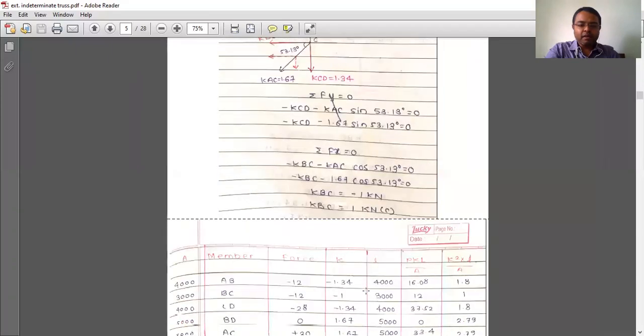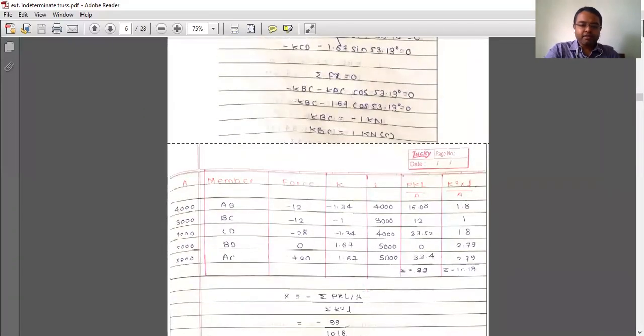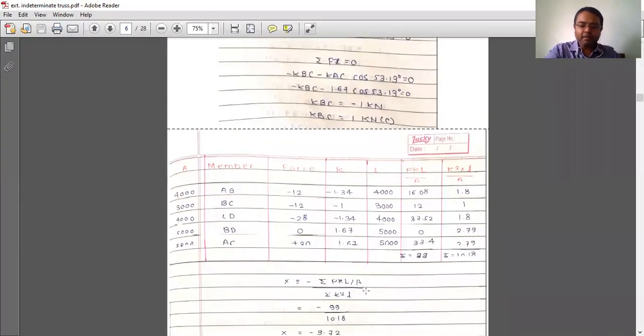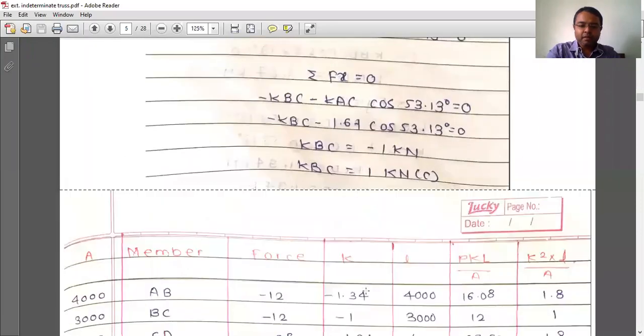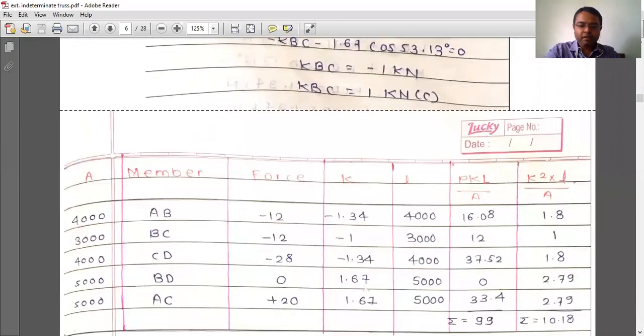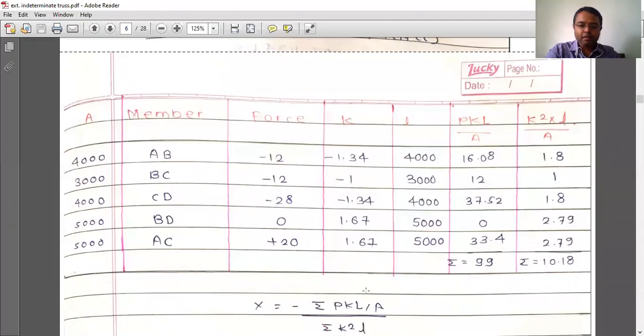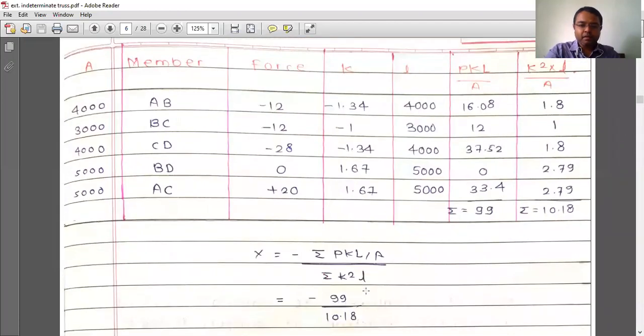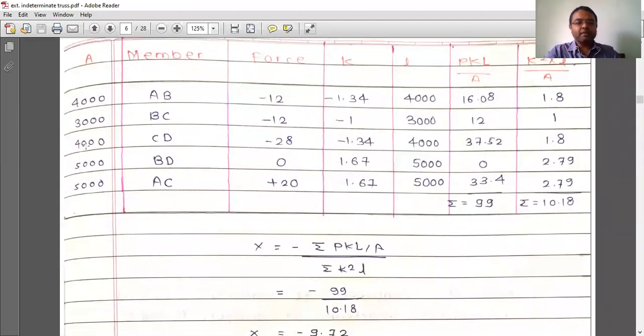After this, draw this table. First of all, write the area of every member, members, forces, that is P force calculation and K force calculation.